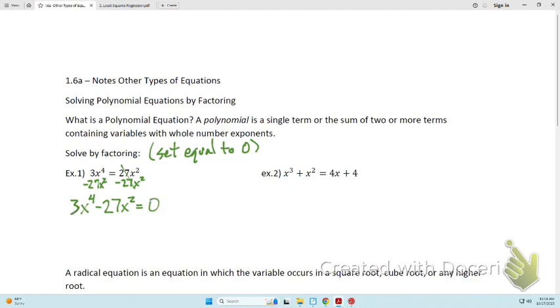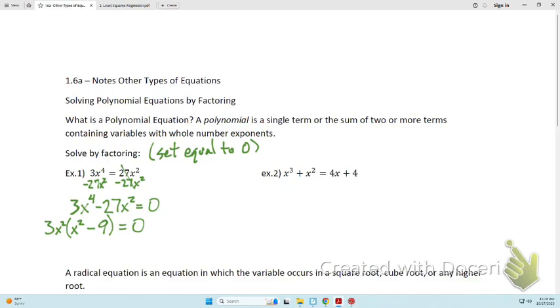Always look for a GCF, and 3 is the largest number that divides into 3 and 27. Look at the smallest exponent, and that's a 2, so we can take out x squared. When I write the leftover, the 3 is gone, but there are 2 x's left. 27 divided by 3 is -9, and those x's are gone.